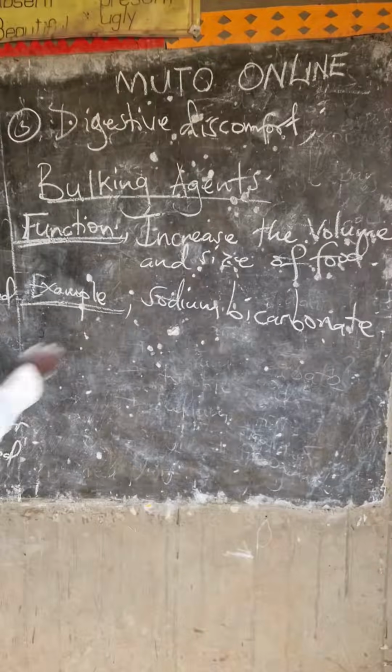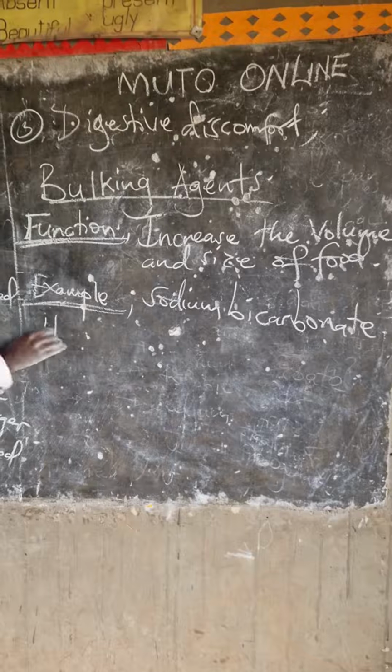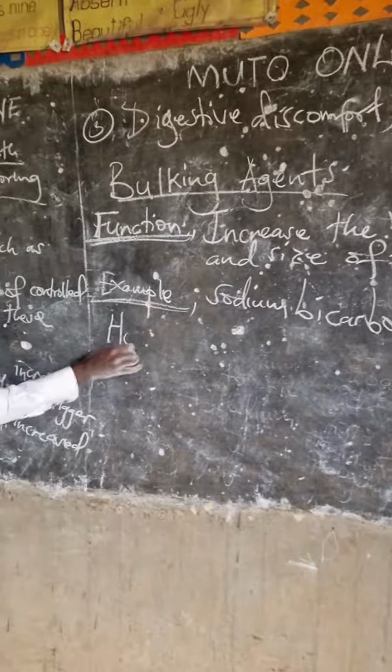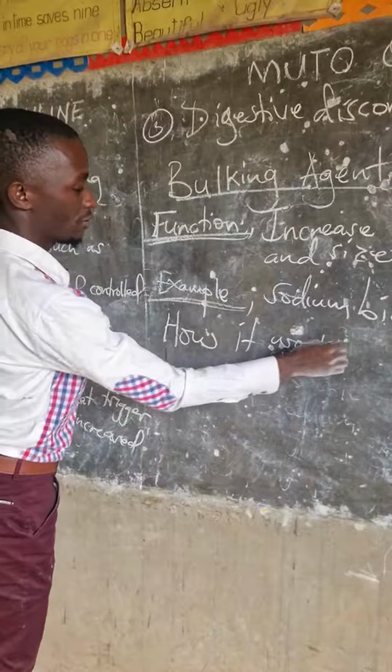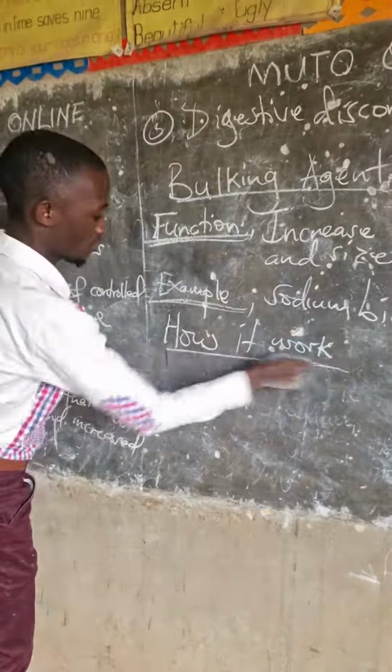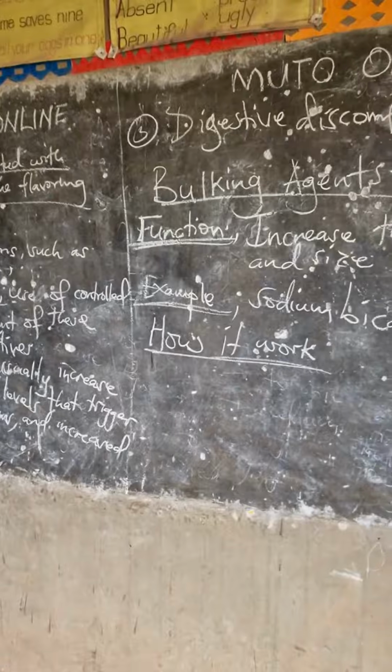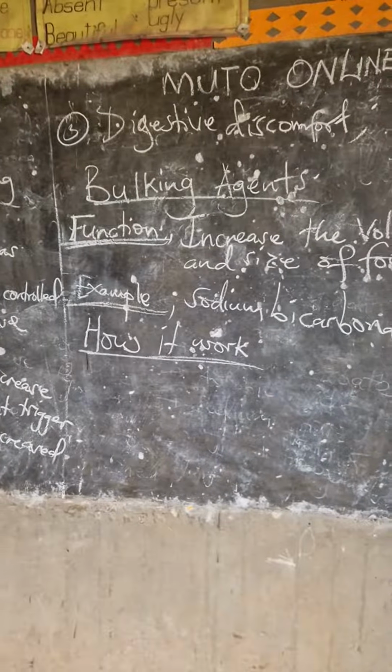So the sodium bicarbonate, how does it work? How the bulking agents work?